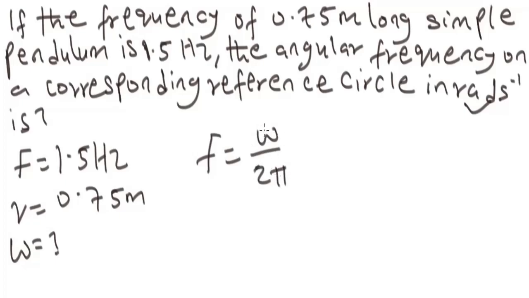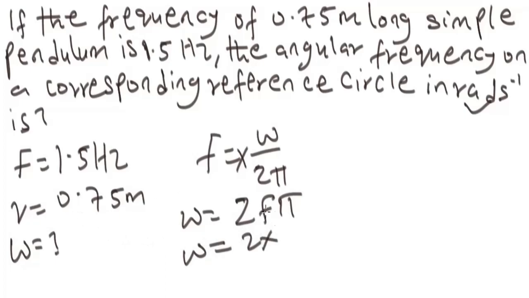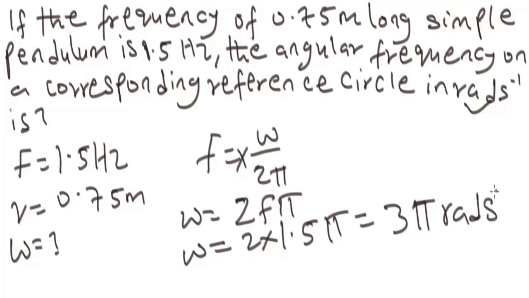This w here, also representing angular frequency, when you cross multiply, will be 2 pi f. So when you substitute, angular frequency will be 2 times the frequency, 1.5, times pi. When you simplify it, you're going to have 3 pi radians per second. So this will be the angular frequency.